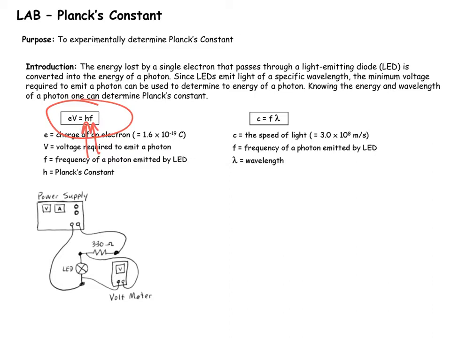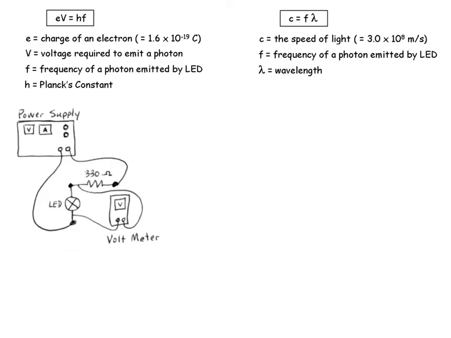And then eV is a way to measure energy, and that would be the charge of the electron times the voltage needed to light the LED. The other equation is just a wave equation for light, c being the speed of light, f the frequency, and lambda the wavelength. So we can use both of these equations to try to derive Planck's constant.